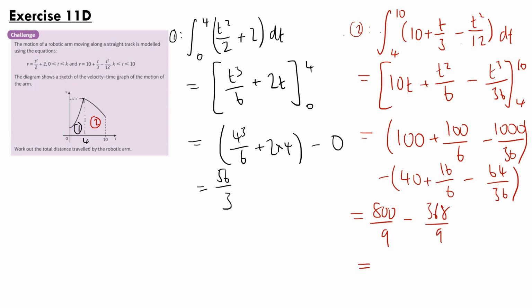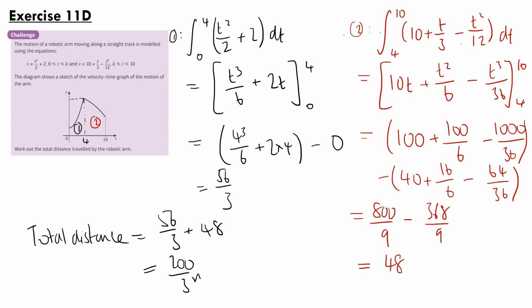And so we get 800 minus 368 divided by 9, which is 48. And so the total distance is these values added, so 56 over 3 plus 48, and that gives us 200 over 3 meters. That is our final answer.